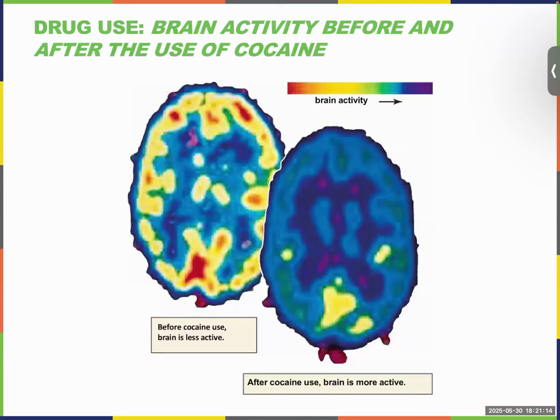So they have looked at studies where they looked at drug use, and particularly they compared the brain activity before and after the use of cocaine. So we see that the highest brain activity is blue to purple, and the brain is more active with the cocaine than without it. However, sometimes they're overactive and they do dangerous things.